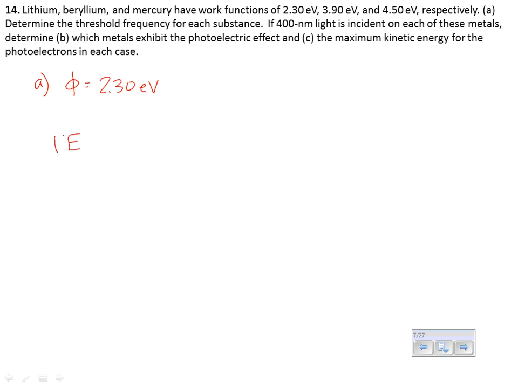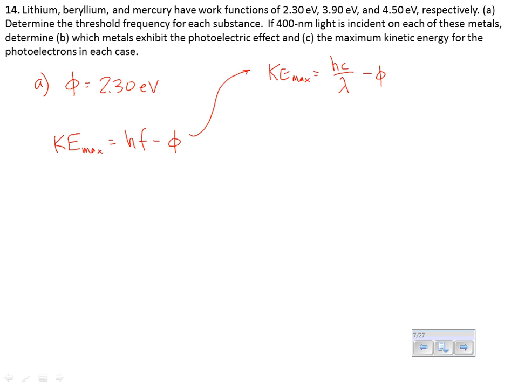KE max equals hf minus phi. It's the only equation we'll use with these photoelectric effect problems. Sometimes, depending on what you're given, you could also turn that hf into hc over lambda. Same exact equation.